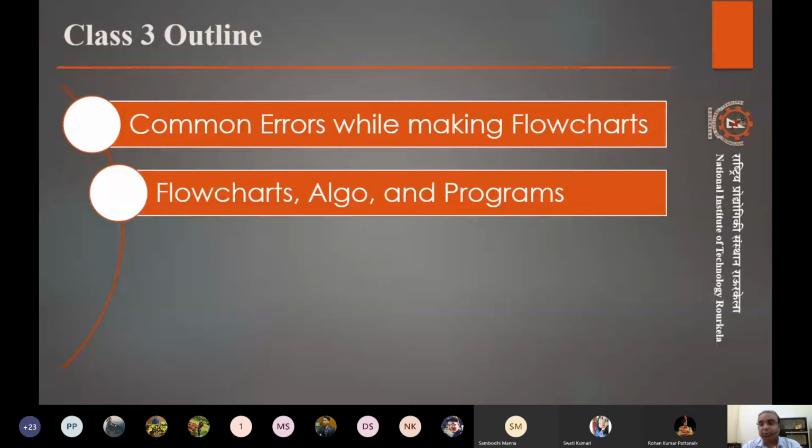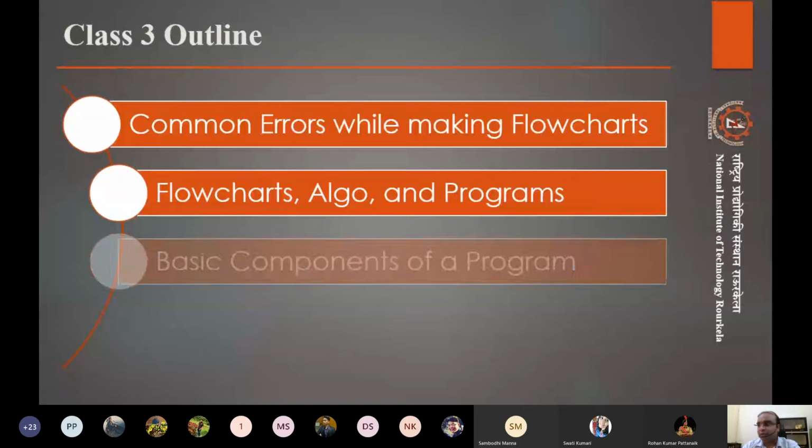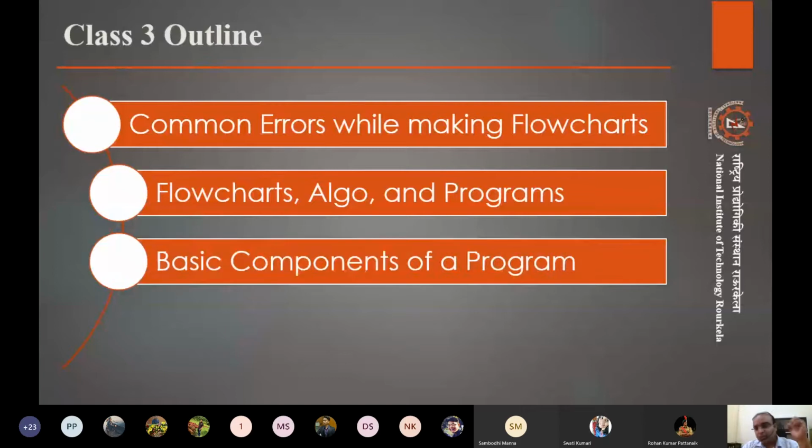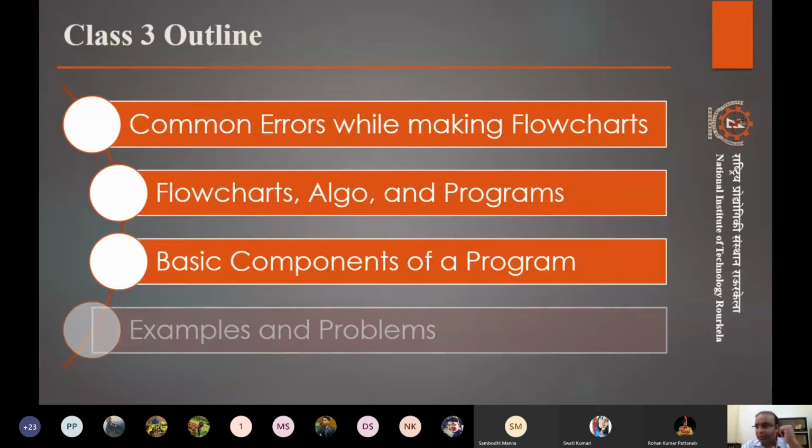So, how programming comes up, what are the differences, how things change when we transfer from algorithm to a program, what are the basic components of a program, what has to be taken care of while writing a program, and maybe some examples we'll see and problems we'll solve if time permits. So we'll see about that.